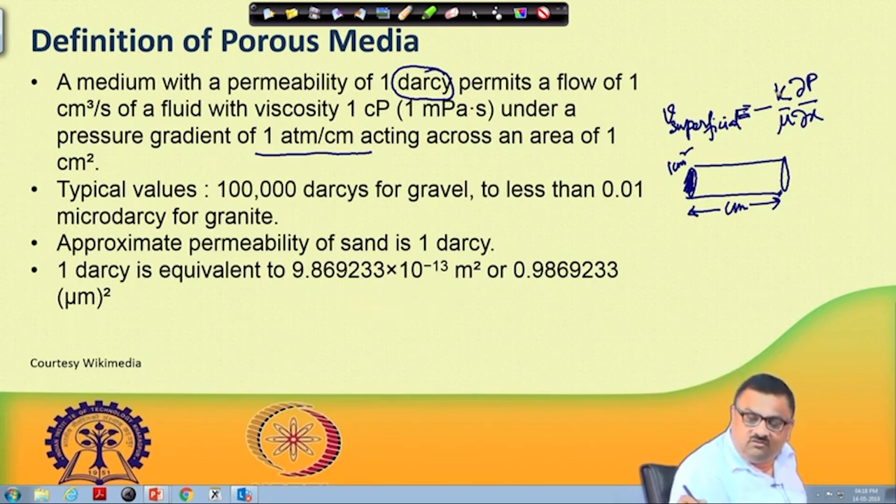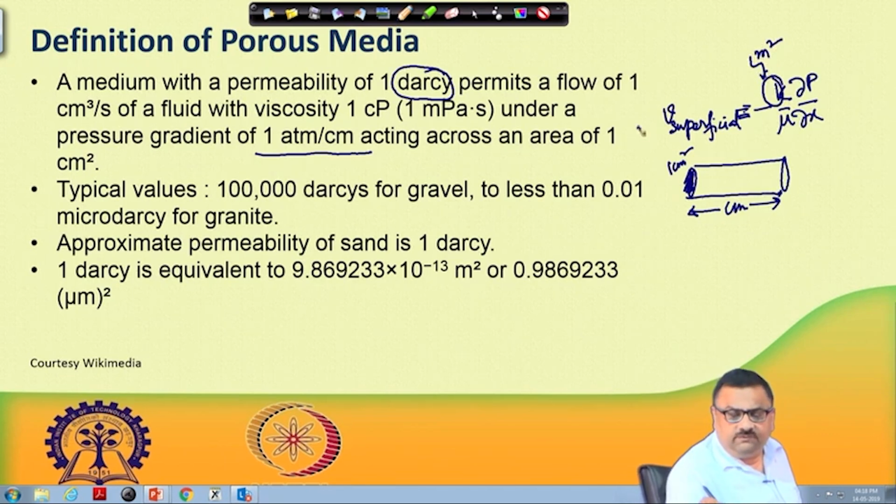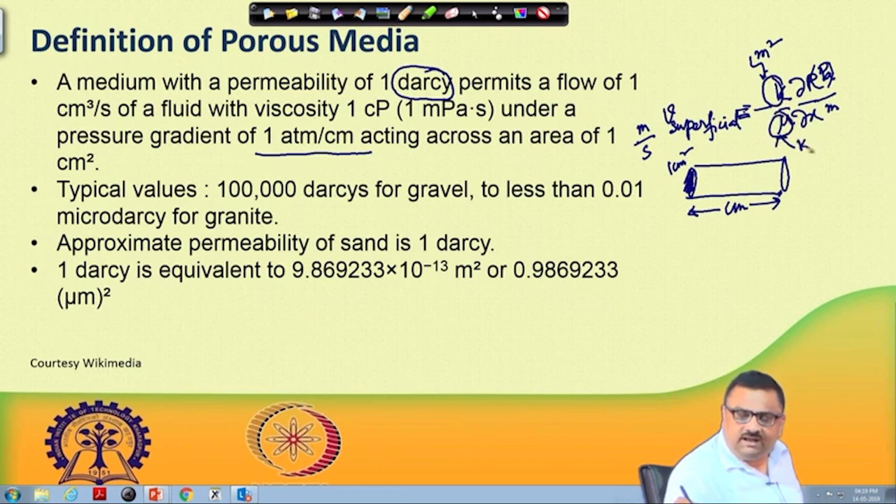You must note that in SI units, the unit of permeability is meter square, which would be obvious. V superficial would be meter per second. You put del P del X, del P would be Pascal and X, the length, would be meter. So, Pascal per meter, and viscosity you put as kg per meter into second.